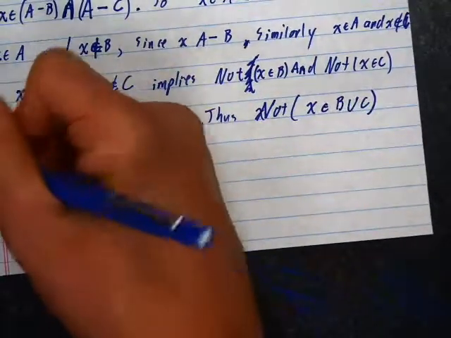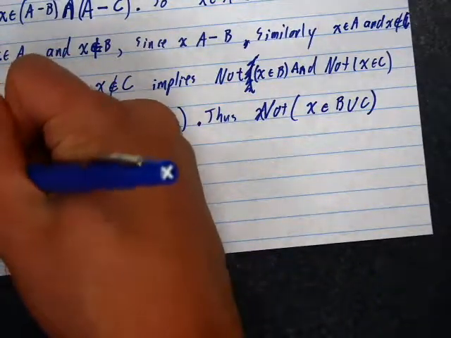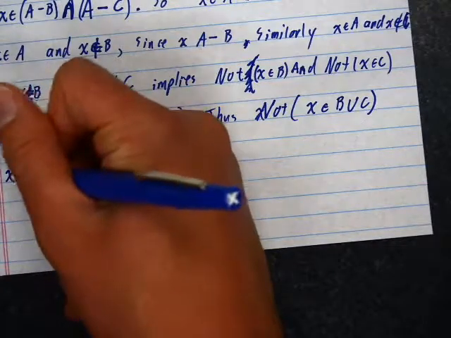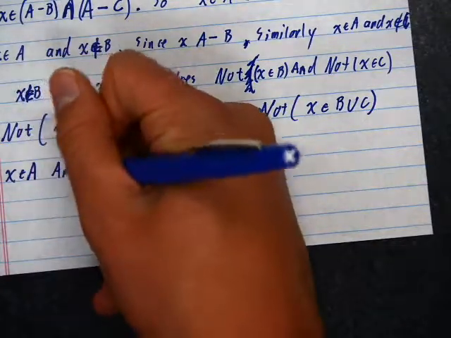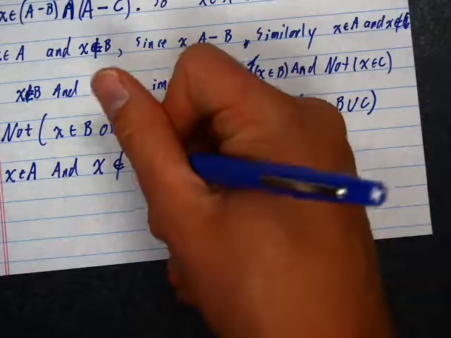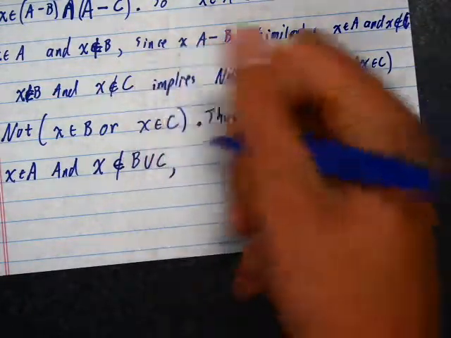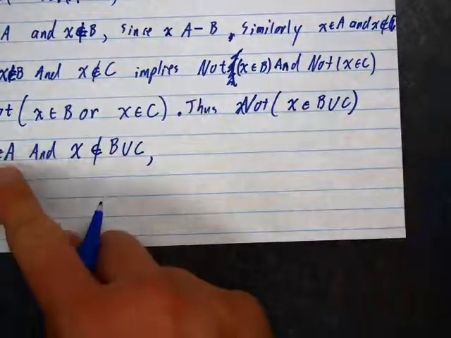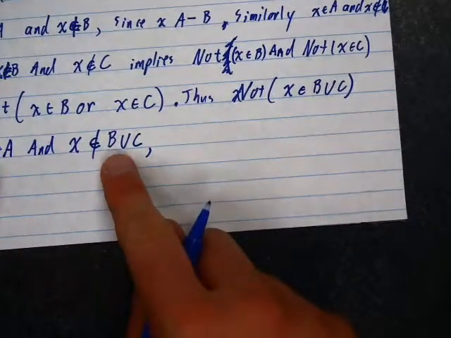So now let's just gather things together. So let's see, since x is in A and x is not in B union C, it follows then, well, x is in A and x is not in this other set.